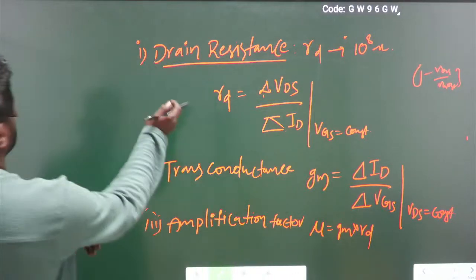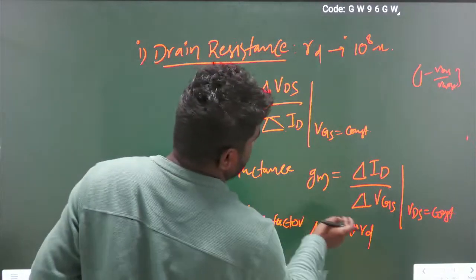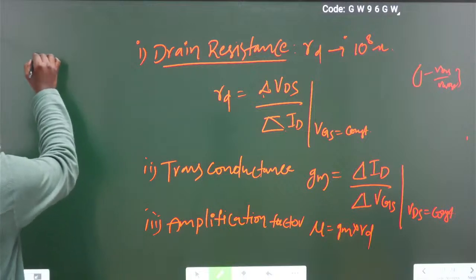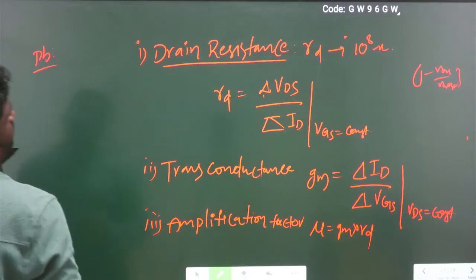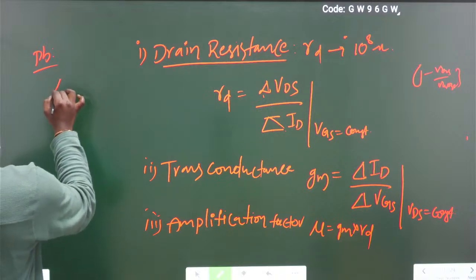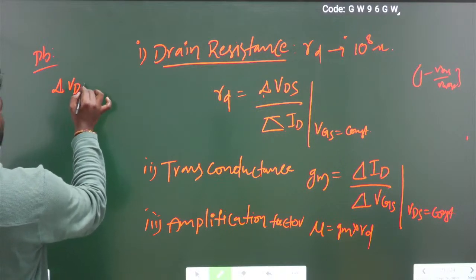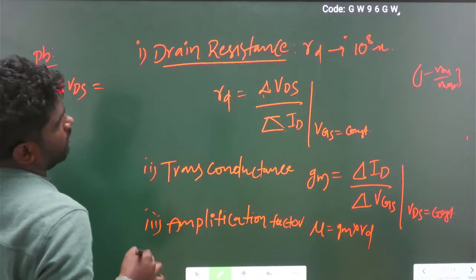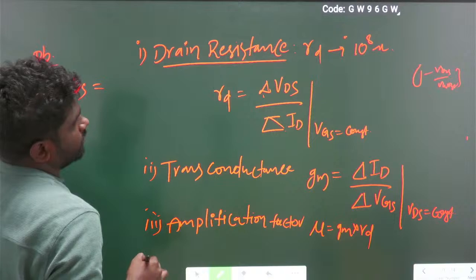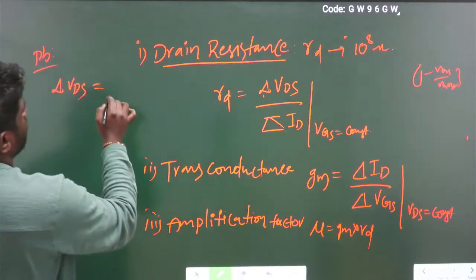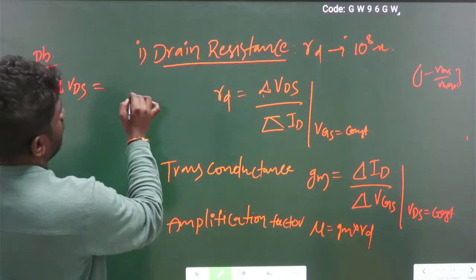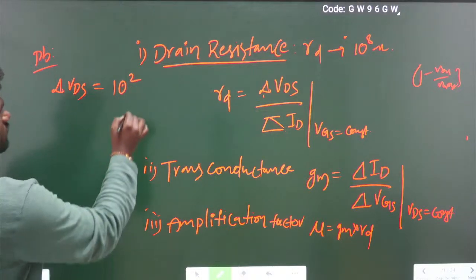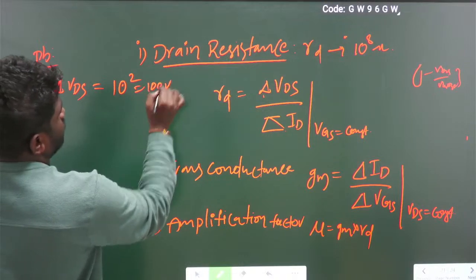Now see, the problem is: delta VDS equal to some value, suppose 10 square, it means 100 volts you have given.